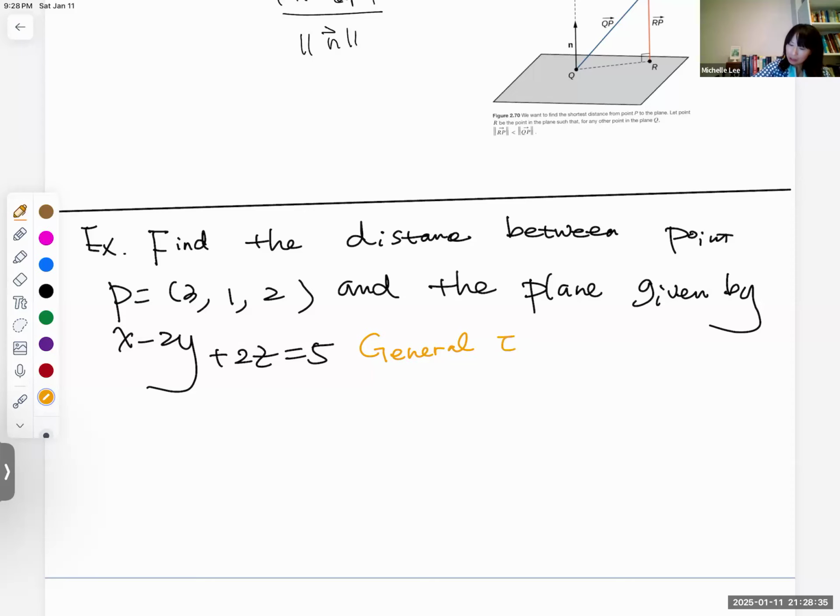Okay, then we knew that this is from a times x minus x naught plus b times y minus y naught plus c times z minus z naught equal to 0, right? So if we multiply it out, then the coefficients of x, y, z will be a, b, c, right? So we learned that ABC is the normal vector.